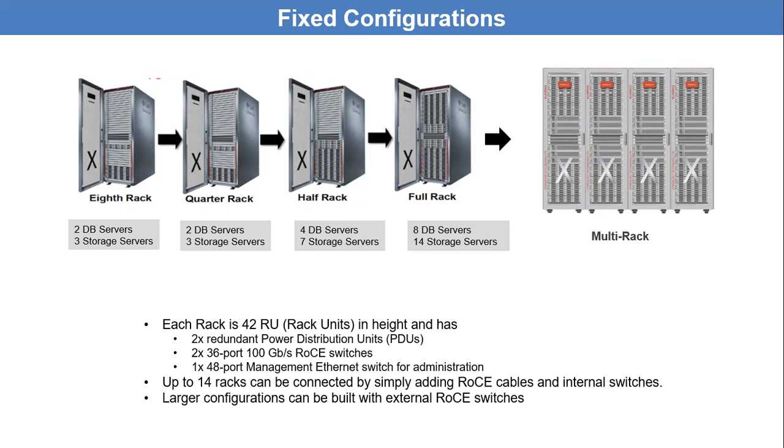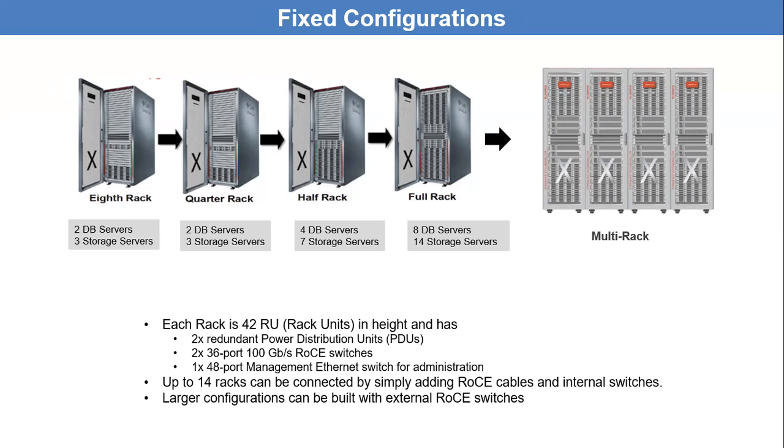Eighth rack is the smallest configuration, the entry-level, low-cost option for small customers. Full rack is the high-end and high-cost configuration for enterprise-grade customers. In between, you have quarter rack and half rack. So it is like a dress available in small, medium, large, and XL sizes. Because everybody is not of the same size, right? So that is the fixed configuration.